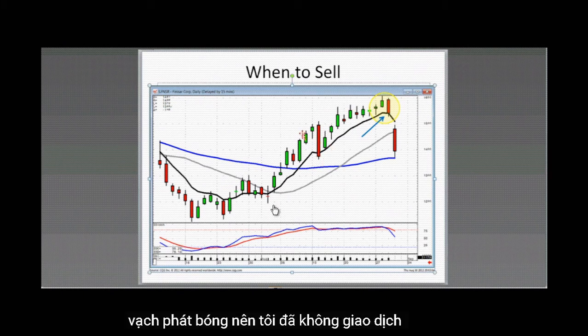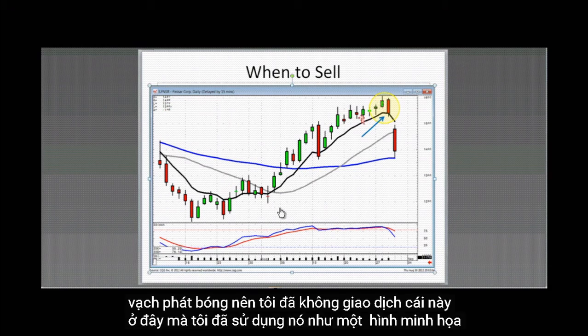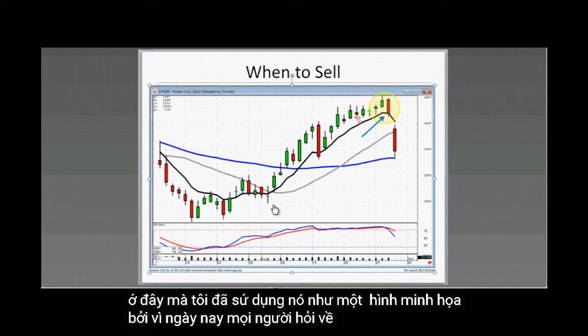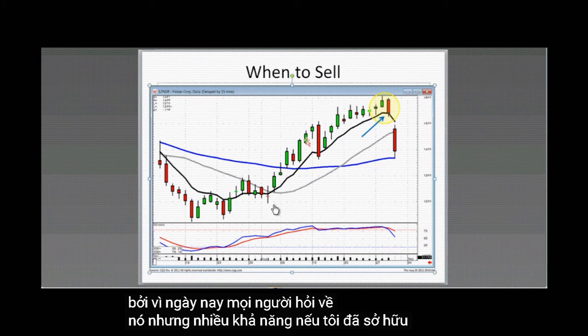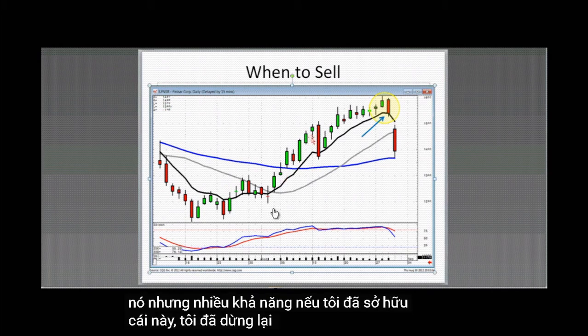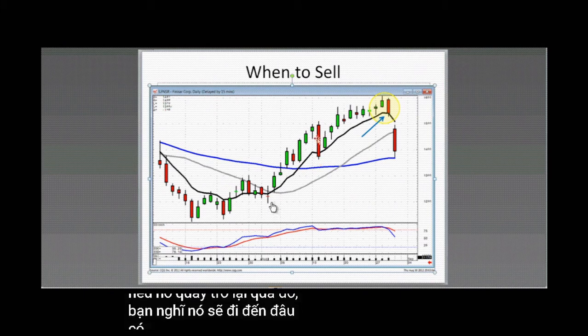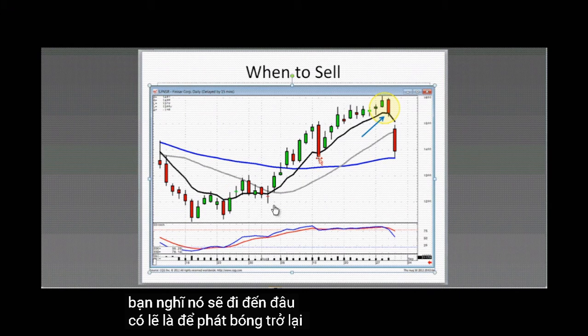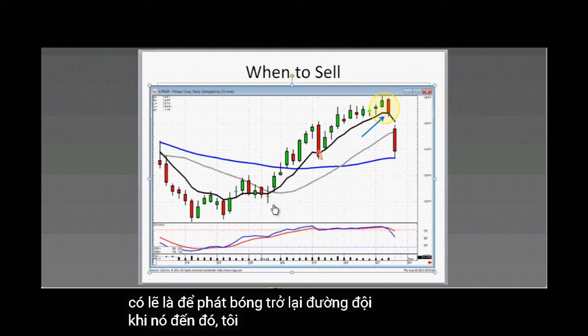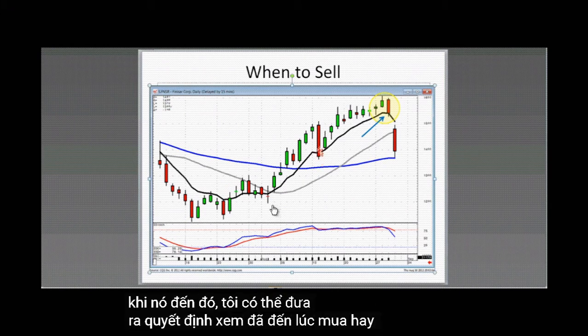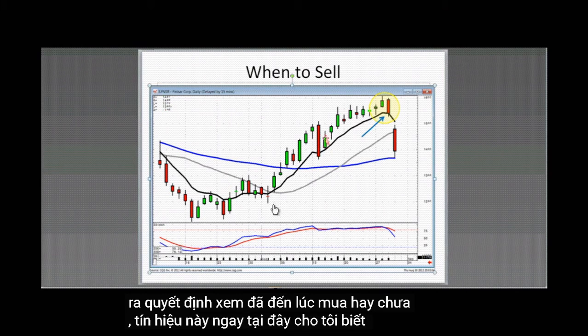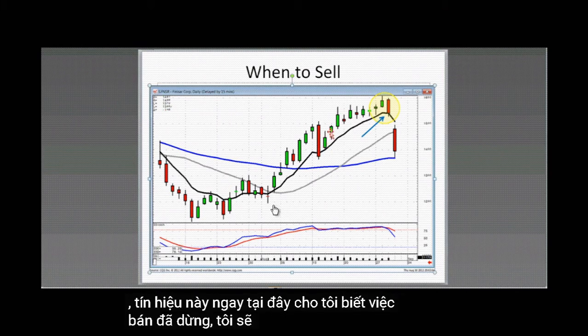So I didn't trade this one back here. I was using this as an illustration because today people were asking about it. But more than likely, if I had owned this, I would have had my stop right here, because if it came back down through there, where do you think it was going to go? Probably back to the T-line. Once it got there, I could make a decision whether it was time to buy or not. This signal right here told me the selling had stopped. I'm buying right back here.